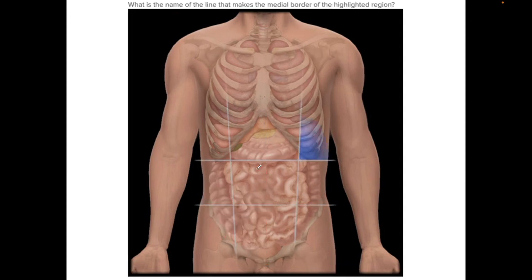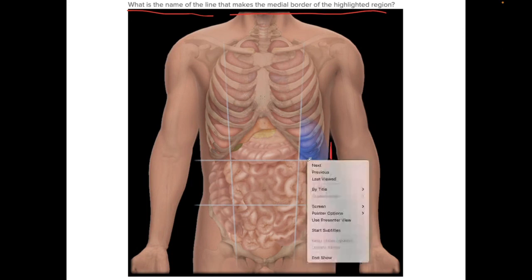Okay. What about here? Oh, I know what that is. That's going to be the left hypochondriac region. Well, you're right if it was asking that, but they're not. They're asking, what is the name of the line that makes the medial border of the highlighted region?